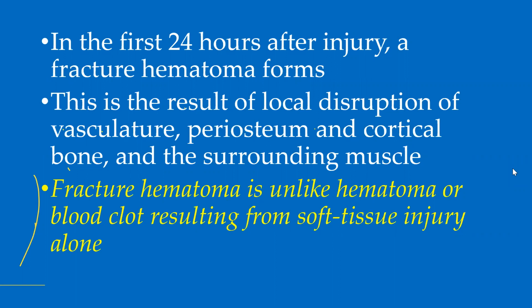You have a fracture, you have a hematoma, and this is a fracture hematoma. It has the cells which form bone. The brachialis muscle is injured, so you have deposition of tissue that can form bone. And this is the explanation why you get heterotopic ossification in some fractures of the elbow.